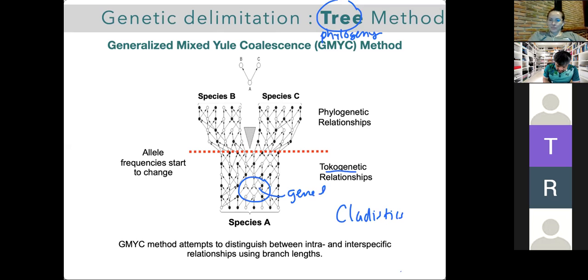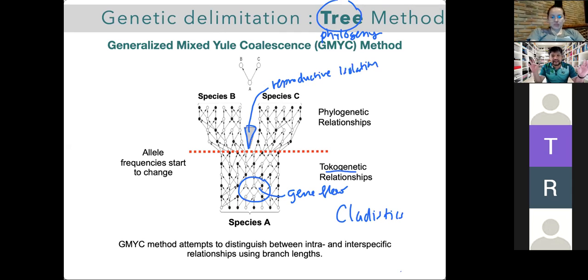Because of gene flow in the same species, individuals of the same species are still somewhat similar to each other until reproductive isolation happens. Then the relationships start to diverge, they only have gene flow within the same groups, and those two groups become two different species. That's phylogenetic relationships. That should not be strange to you anymore, even though this term probably still haunts you for some reason.